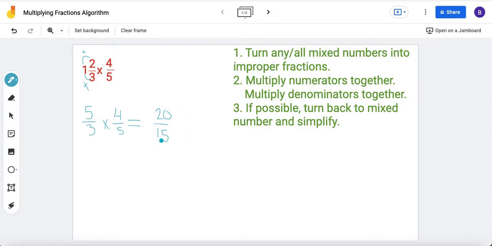So remember, to turn it back into a mixed number, we are going to take our numerator and divide it by our denominator. So how many times does 15, my denominator, go into my numerator of 20?